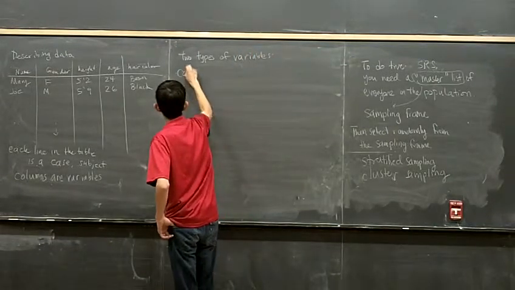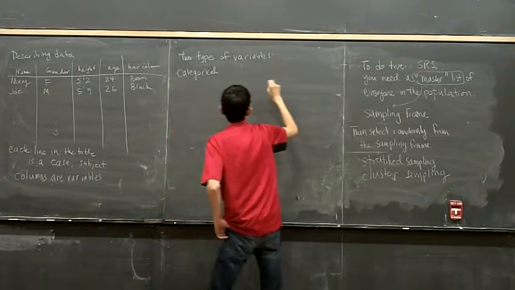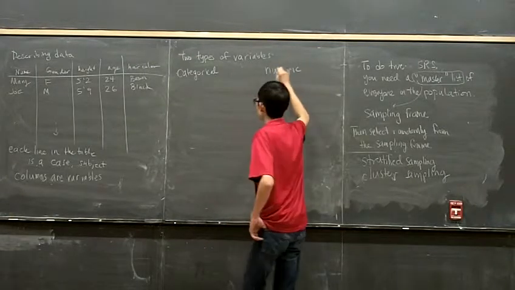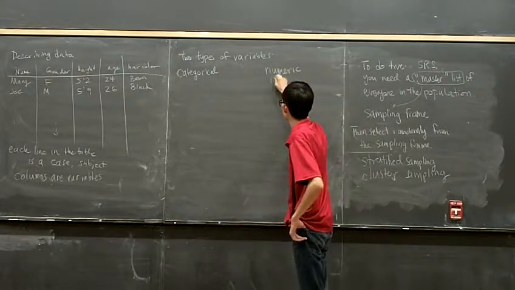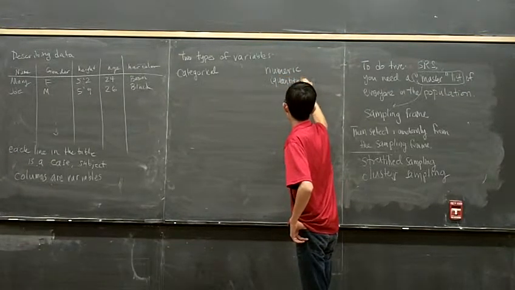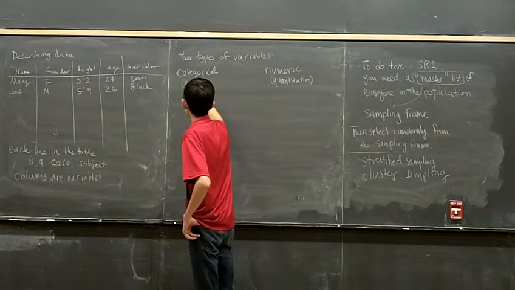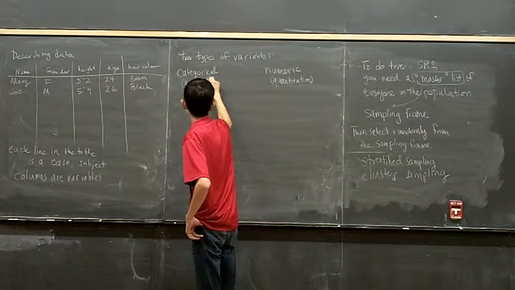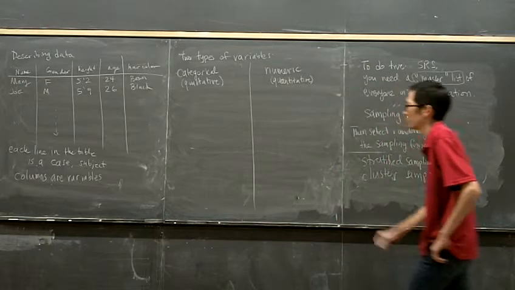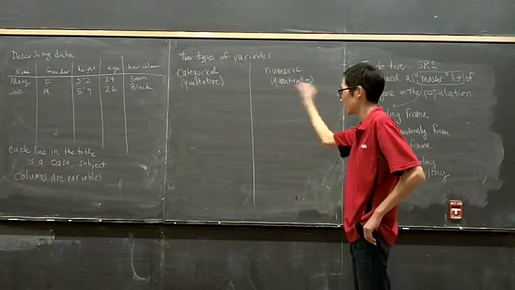We've got categorical variables, and we have numeric variables. Sometimes numeric variables are called quantitative variables. Sometimes we'll say qualitative or categorical, but whatever.